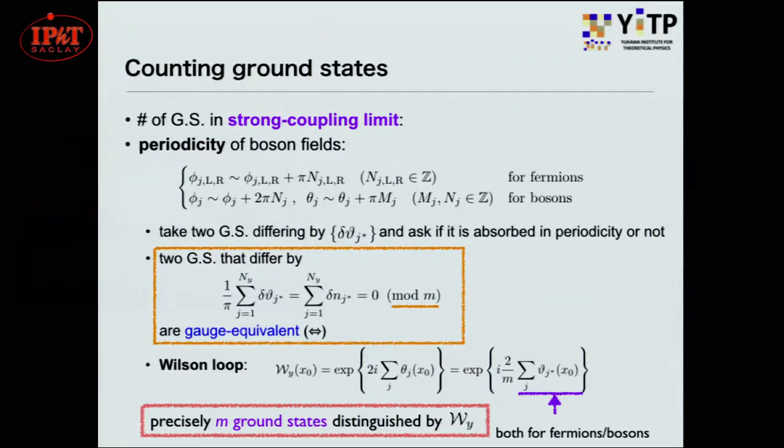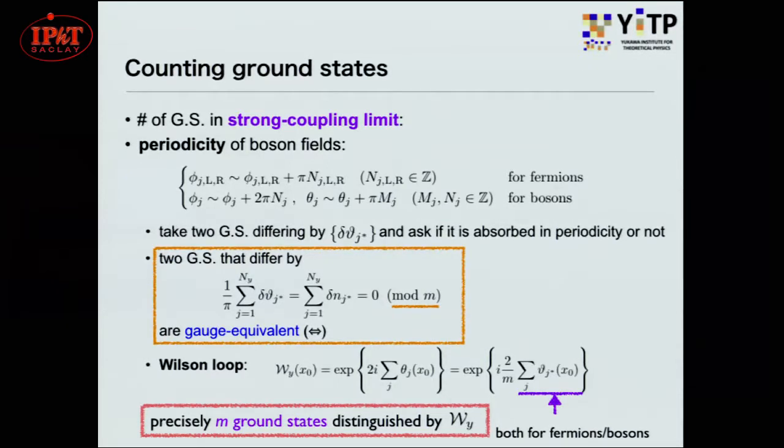Then we ask if this difference is absorbed in the periodicity shown here or not. So this is the question. And if the difference delta around theta is absorbed in this periodicity, the two ground states are actually gauge equivalent to each other, so they are the same. But if not, these two ground states are physically non-equivalent.